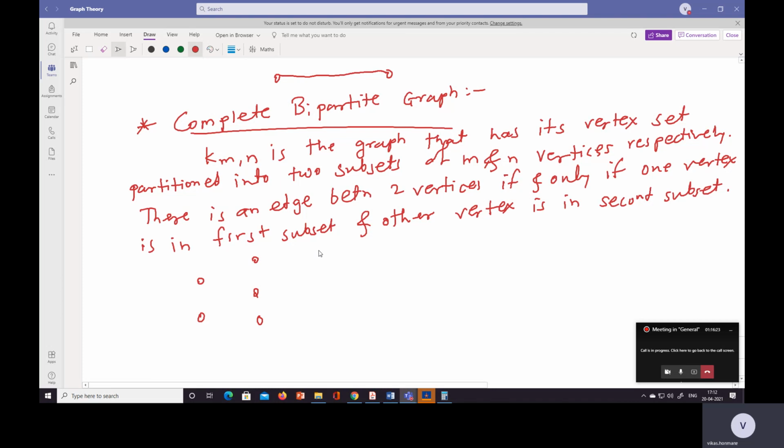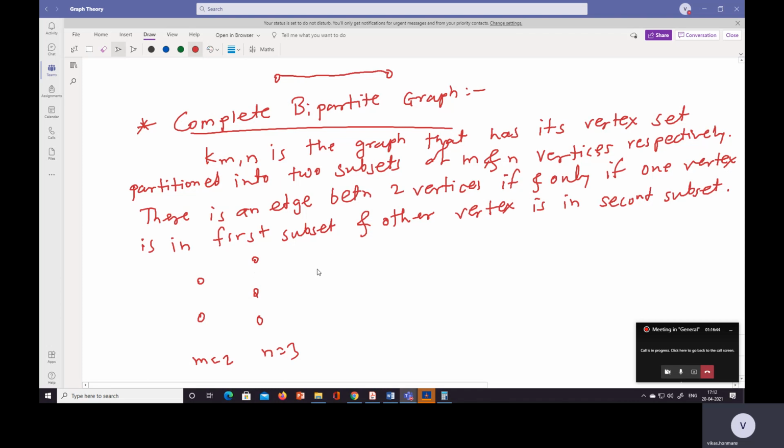Okay, so K_{m,n} is the graph that has its vertex set partitioned into two subsets. Here m is equal to 2 and n is equal to 3, so it is partitioned into subsets of 2 and 3 vertices respectively.